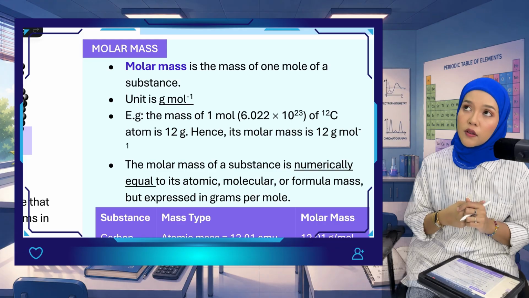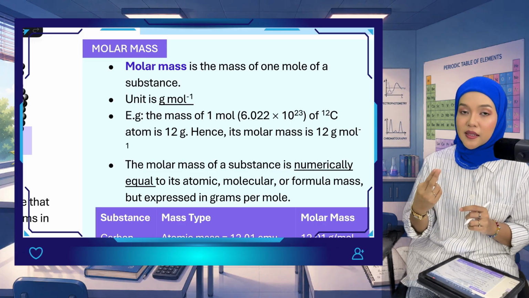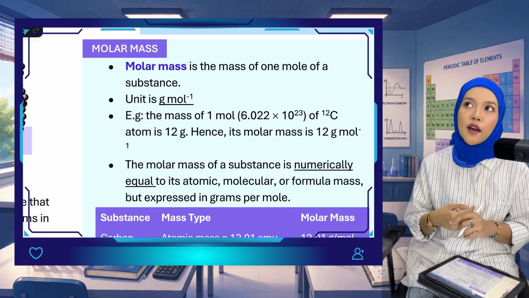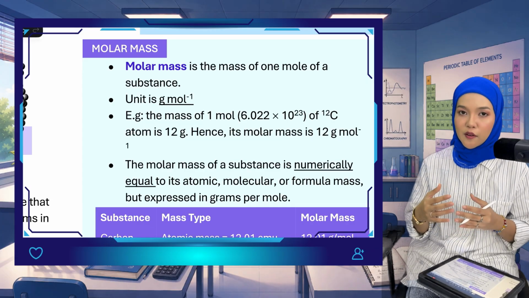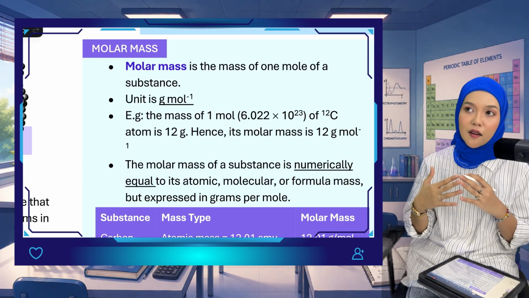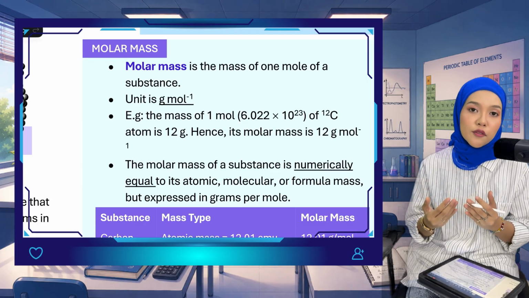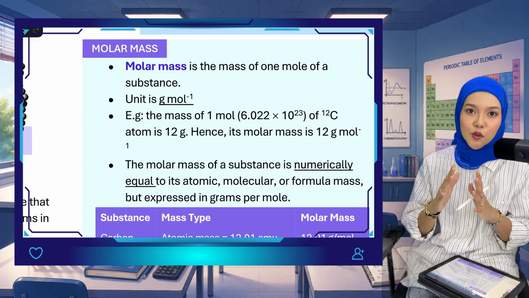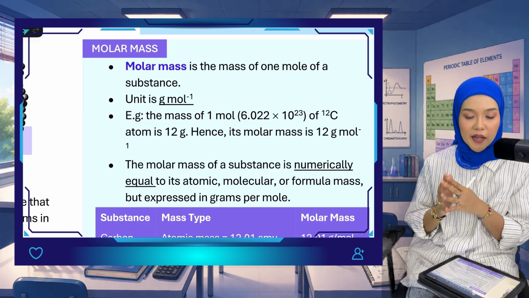If I have 2 carbon atoms, the mass is going to be 24 AMU. If I have 10 carbon atoms, I'm going to have around 120 AMU. But what if I have 6.02 × 10^23 carbon atoms, which is 1 mole?